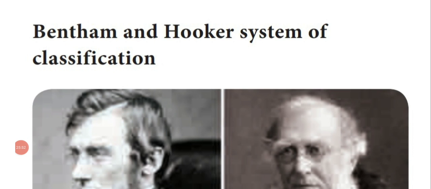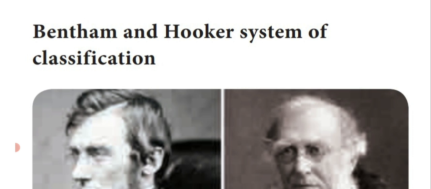Dear students, before going to see the another classification, one more question is also there. Write the disadvantages of artificial system of classification. The 2 points I have given there. That is, unrelated plants are grouped into single. Closely related plants are separated. Further, they are given the example Gingiberaceae of monocot, Anacardiaceae of dicot are placed into one group based on the single stamen, known as monandria.